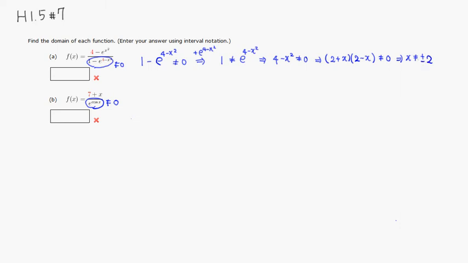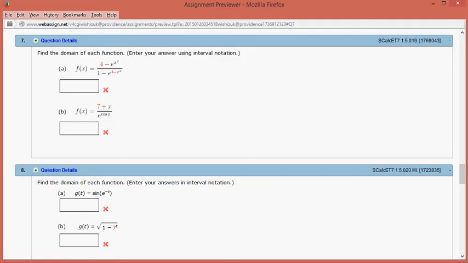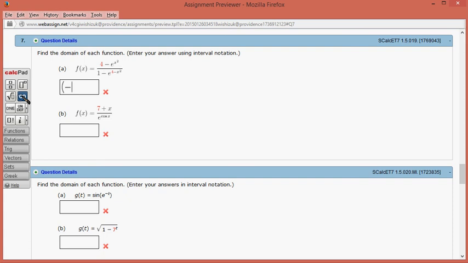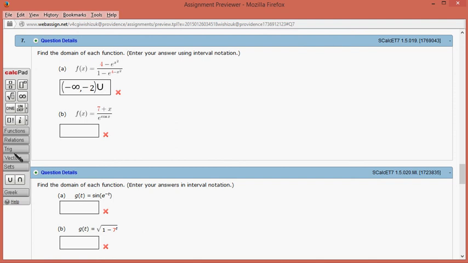So let's type this in. Here the domain is all real numbers except for positive 2 and negative 2, so it's negative infinity to negative 2, skipping negative 2, then going all the way to positive 2, then skipping positive 2, then going all the way to infinity.